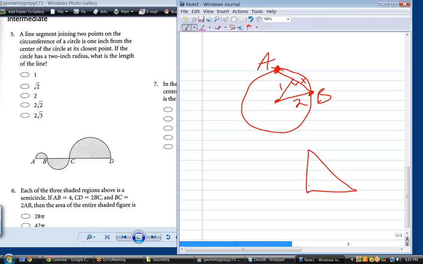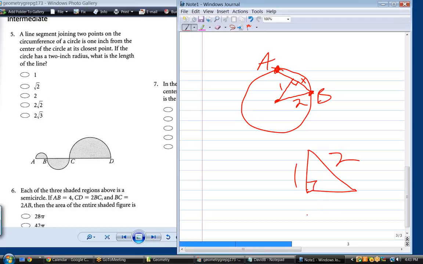I have a triangle whose that side is 2, and this side is 1. What's this? Root 2. Do the Pythagorean Theorem.